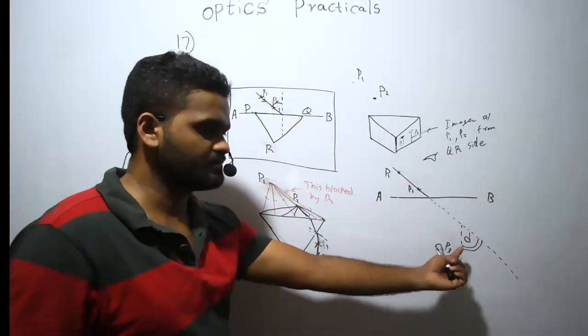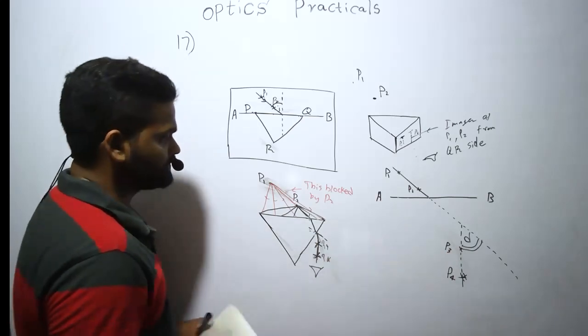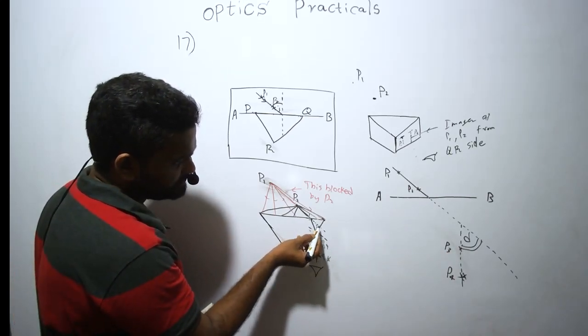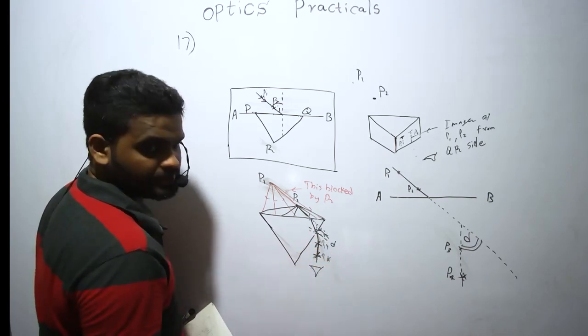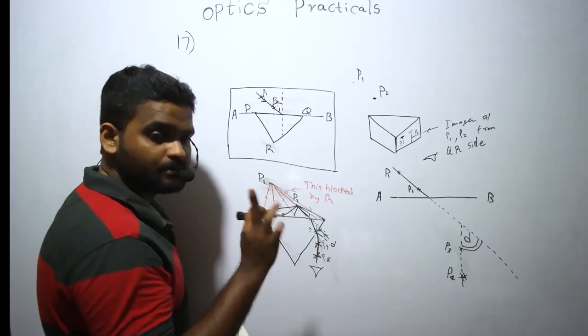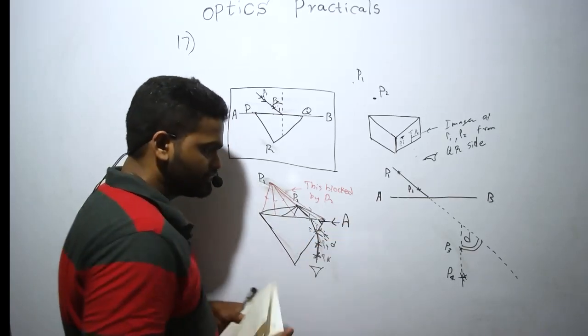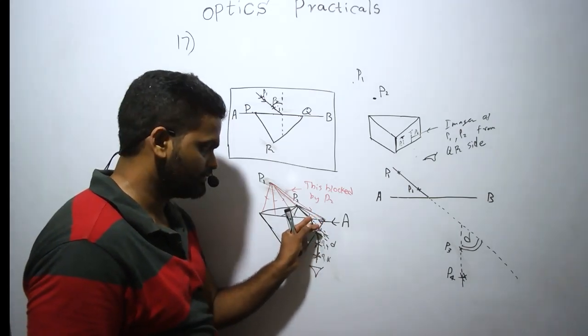So this is small d, the angle of deviation. If you draw it here, you can extend this one. Then this is the angle of deviation, small d. Then the prism angle is here. Do you understand? Everything is happening at this vertex.